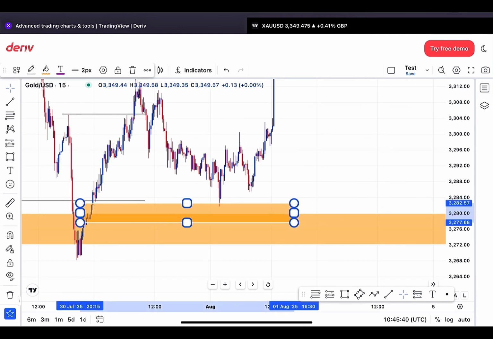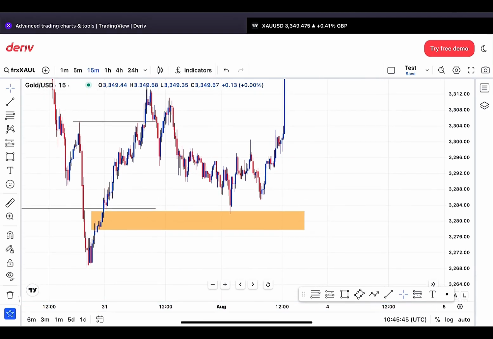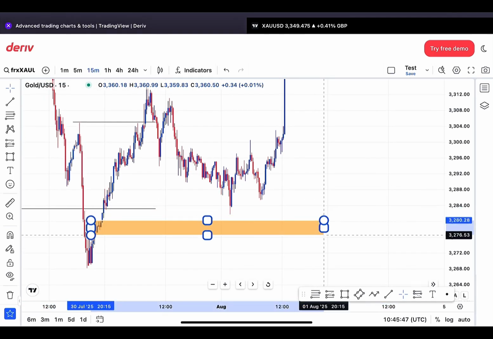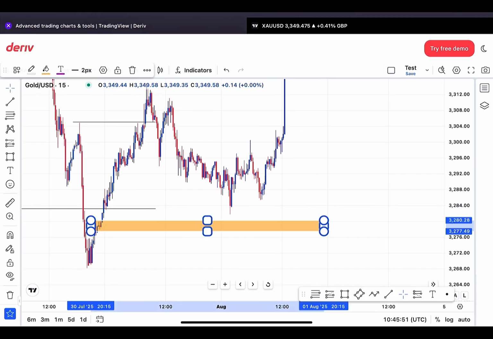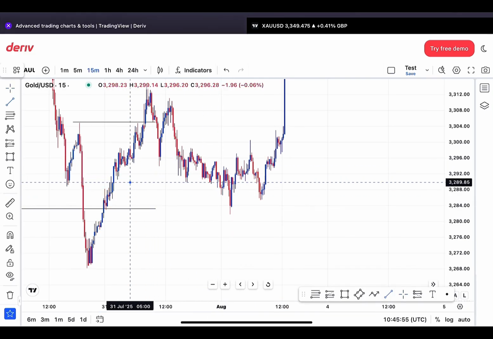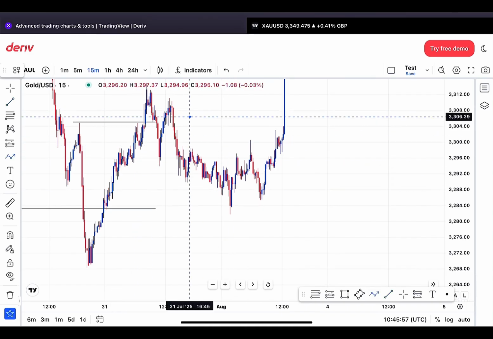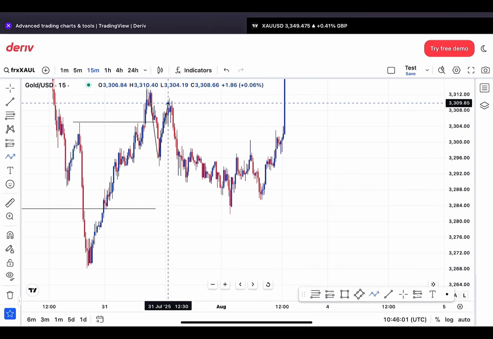But judging by my perspective, if I miss this demand, as you can see, I've missed the trade, but that's not the end of it. I will still look for another entry.